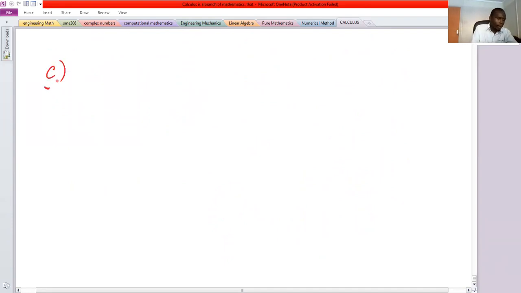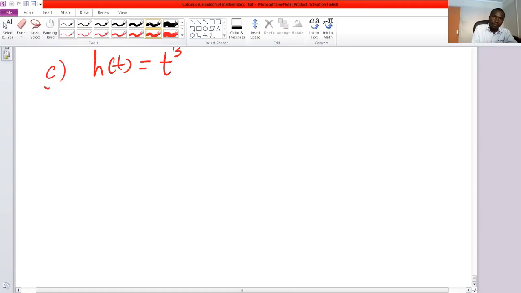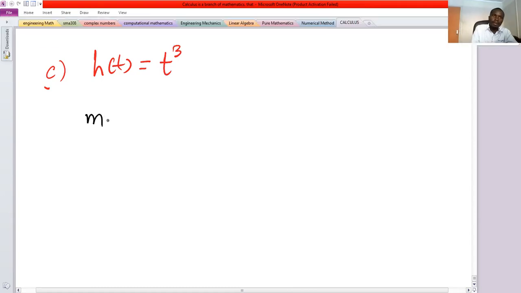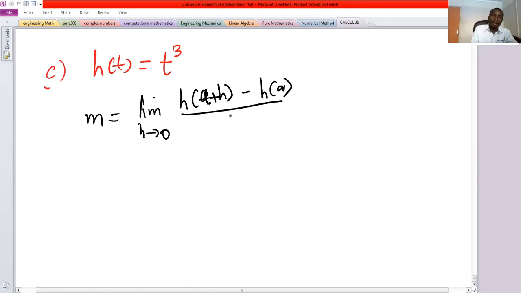C, we have h of t is given by t cubed. So m will be the limit as h approaches 0 of h of a plus h minus h of a, divided by h.